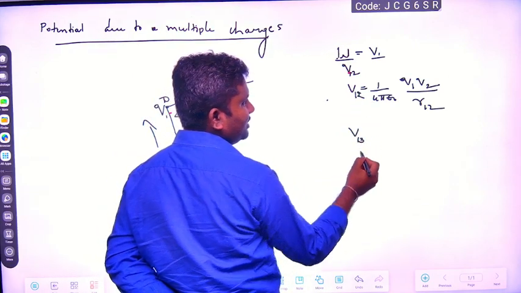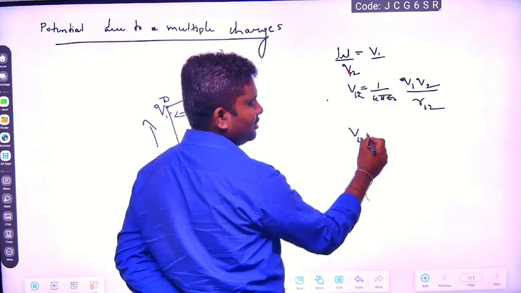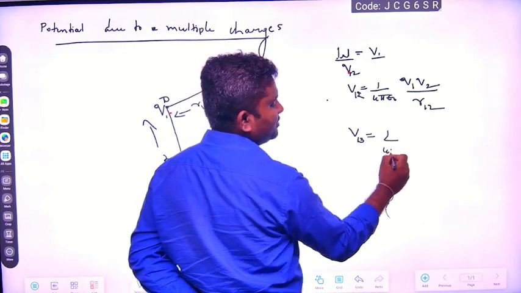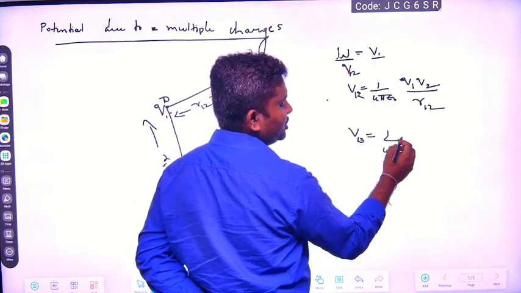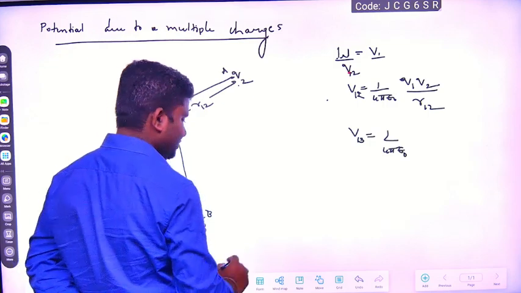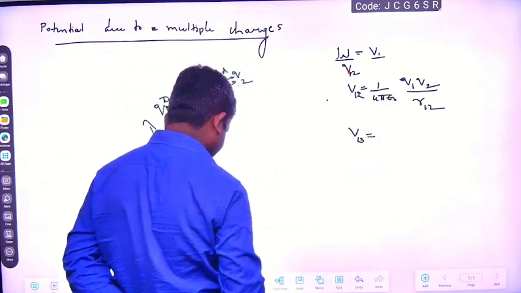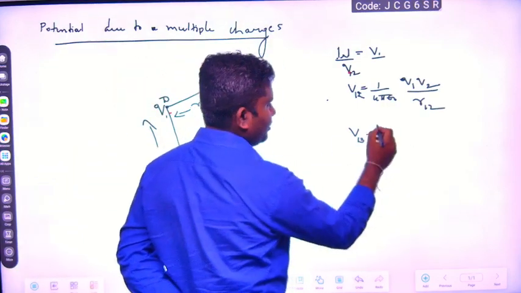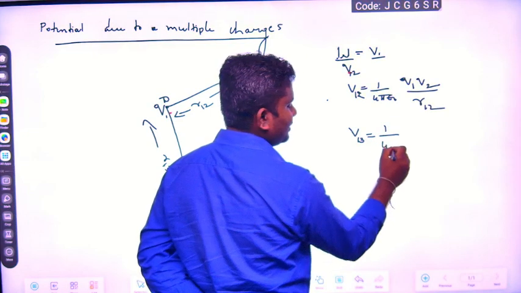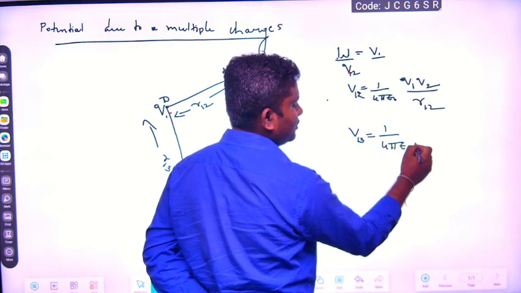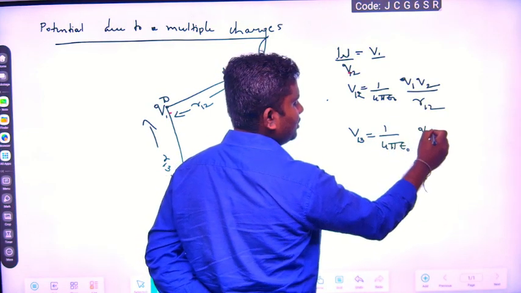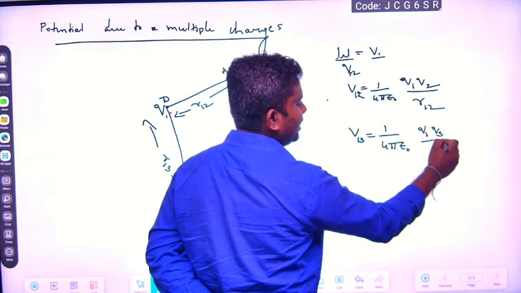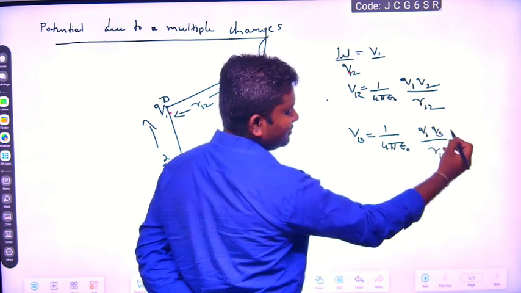Work done is equal to potential per that charge, which is 1 by 4 pi epsilon naught Q1 Q3 divided by R13.